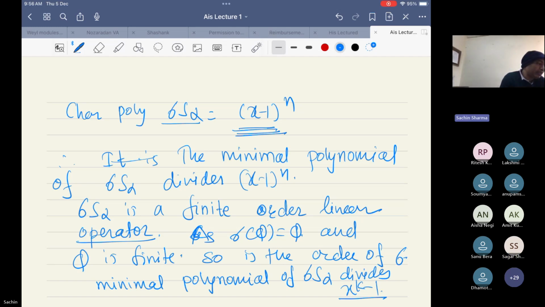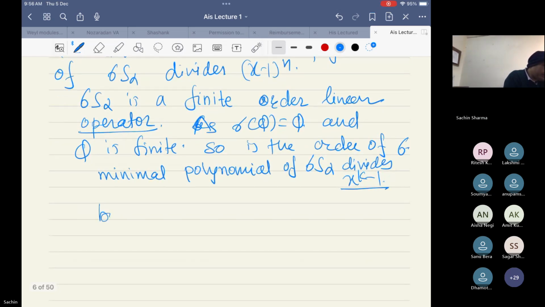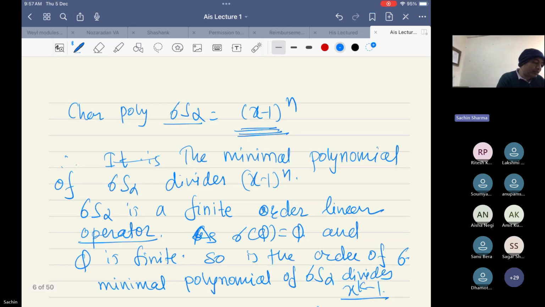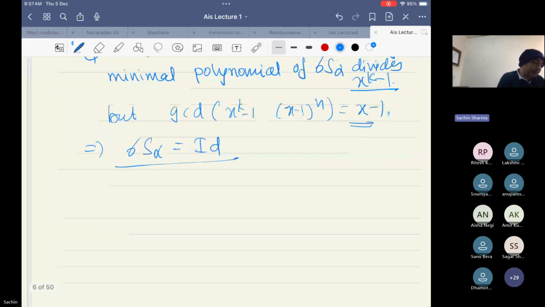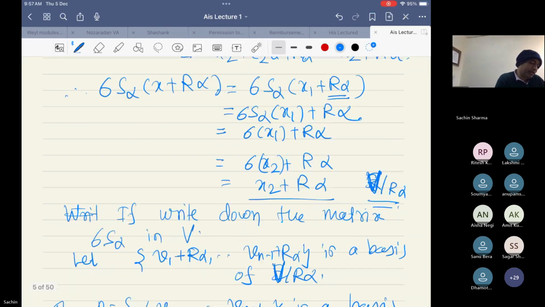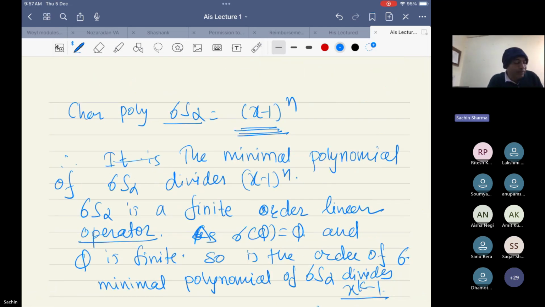Just x minus 1, because of the GCD of those two things. So you are done, right? This was a crucial thing anyway, though it took a good chunk of my time, but it's important as it involves basic linear algebra, which is the backbone of literally every mathematics subject.